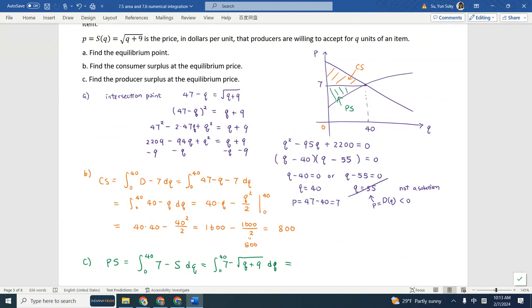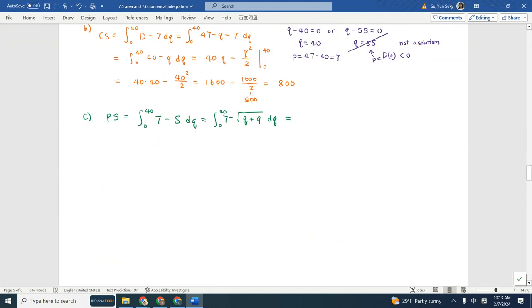So upper function, the constant function 7, and then minus the lower function, which is the supply, square root of Q plus 9. Right, everybody? Okay, what is the integral of 7? 7Q. Yes? And we evaluate from 0 to 40.